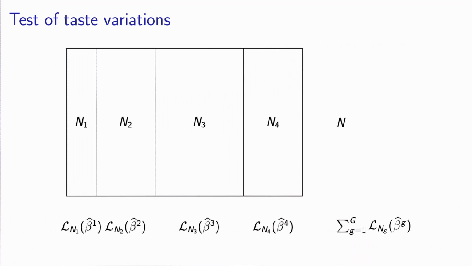So let's consider this rectangle as our sample, and we divide the sample into 4 groups. We have group 1 that contains N1 individuals, group 2 with N2 individuals, group 3 with N3 individuals, and group 4.